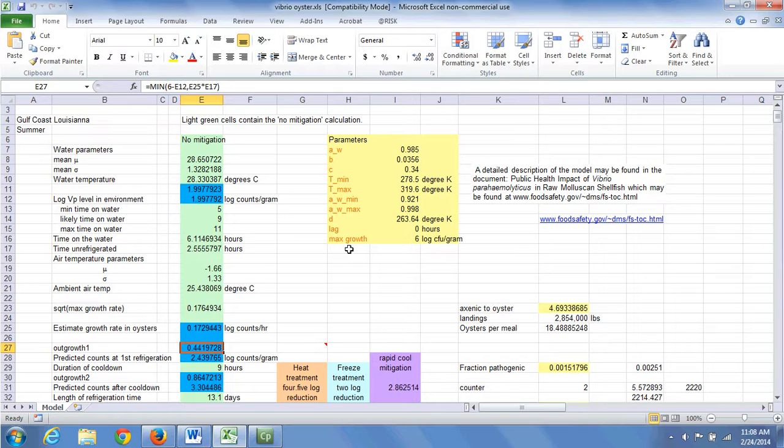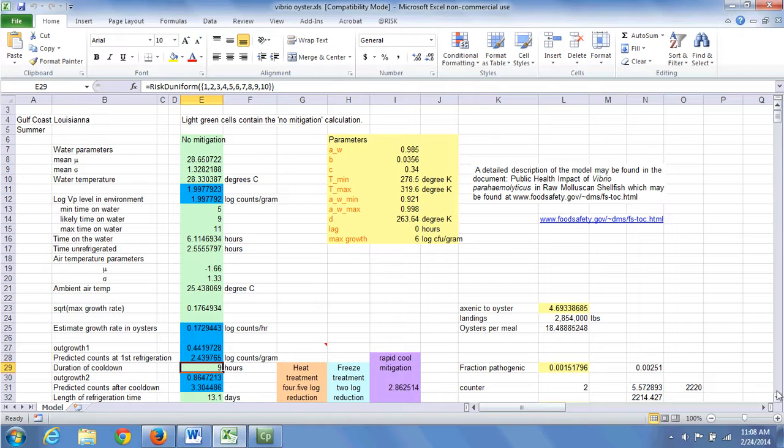Add that to the original 1.99, and now we're saying at the time that the oysters are finally put into refrigeration, they have 2.4 log of Vibrio per every gram of oyster flesh. It takes them 9 hours to cool down.